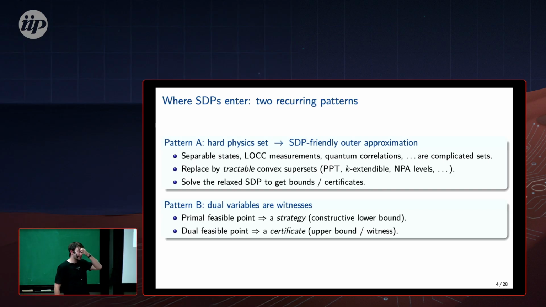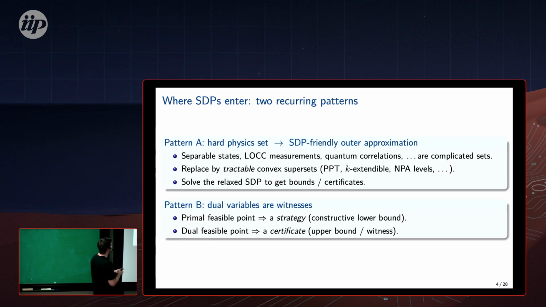from different perspectives. The first one I think is going to be about PPT states, and this is going to illustrate how often we can use SDPs to say something about very complicated sets by considering SDPs which are simpler. So sort of relaxations of very complicated sets.